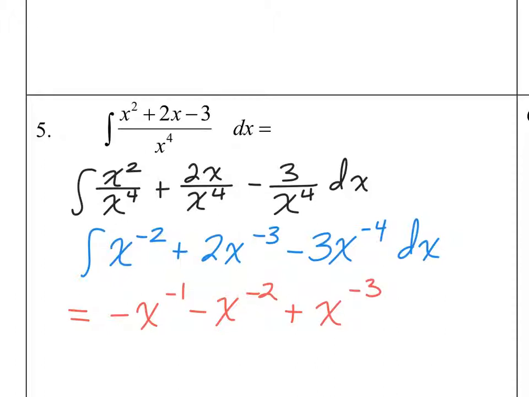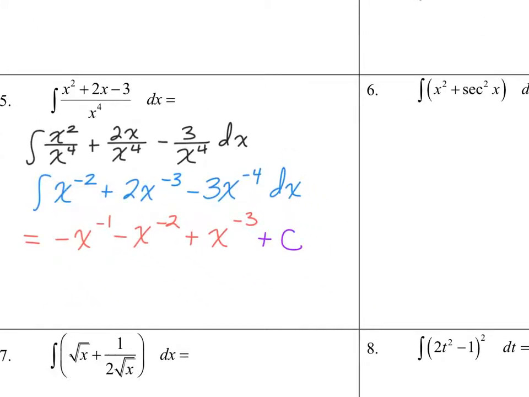And as long as you don't forget your plus C, you won't be throwing away the easy points. That being said, I have had students before that didn't know anything about antiderivatives whatsoever, except for the plus C. So their final answers would be nonsense plus C in the hopes of getting a passing grade.